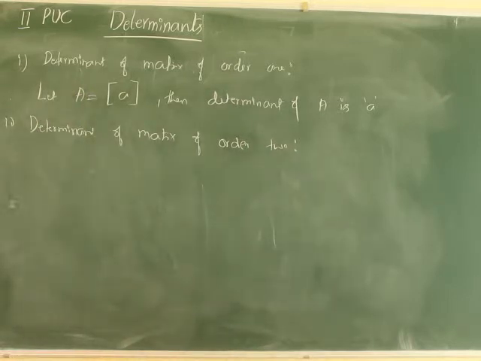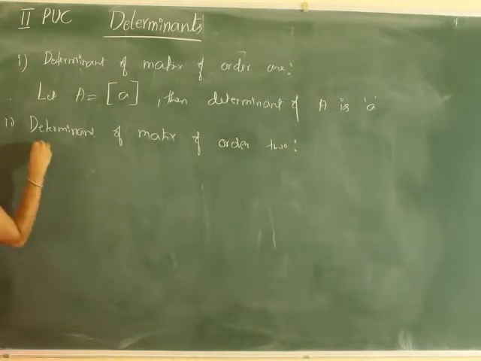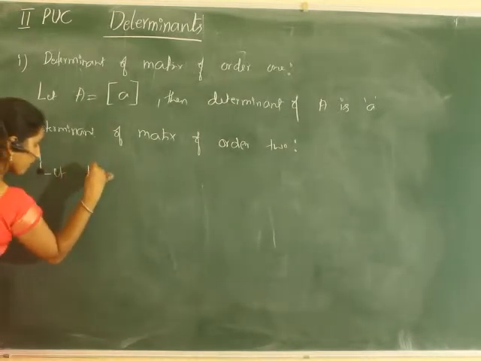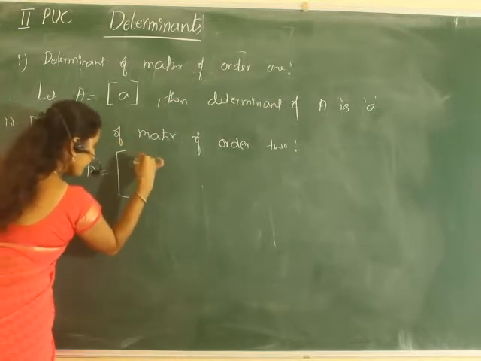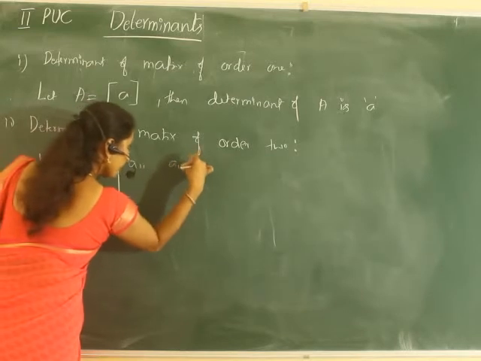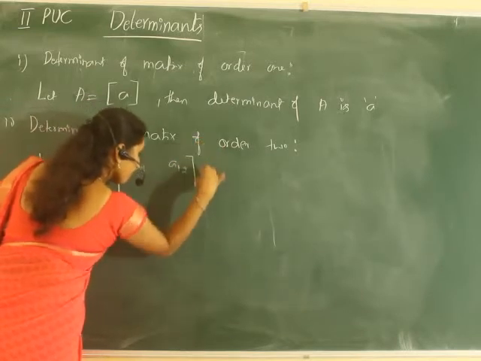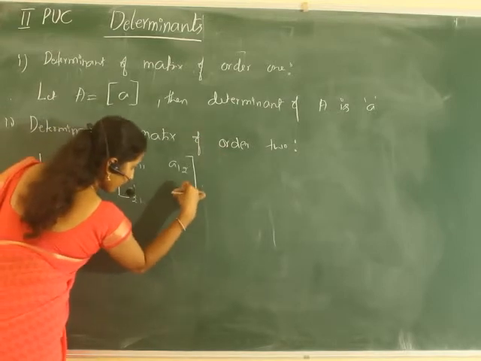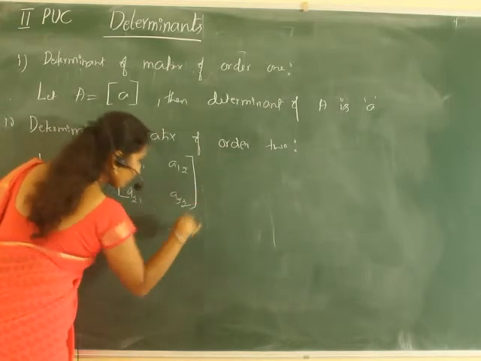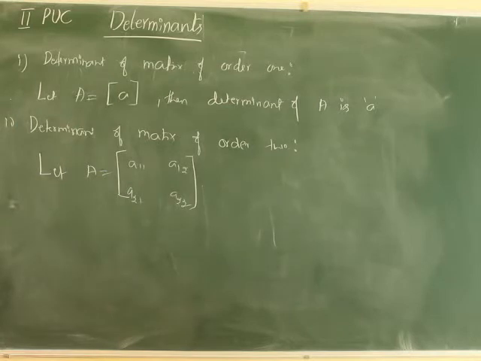How to calculate it? If it is order 2, let A be a matrix with entries A11, A12, A21, A22. So this is a matrix of order 2, that means a 2 by 2 matrix.